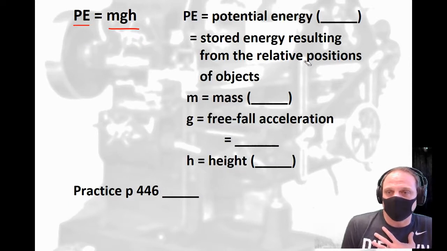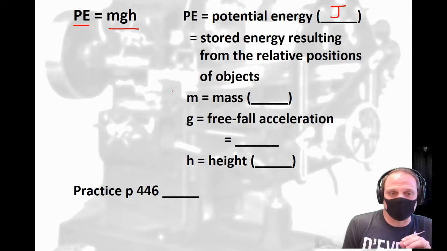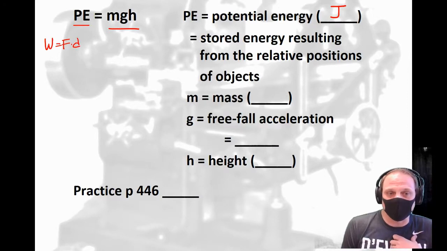Our units for potential energy are joules, just like in work. Now, it's kind of cool to think about the units here, right? Just as a reminder, work was equal to force times distance, which was a newton meter, if you remember that. And if you remember, force is equal to mass times acceleration. So a newton was a kilogram times a meter per second squared, right?